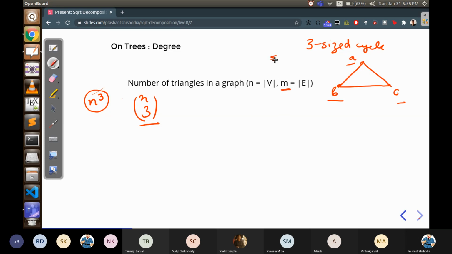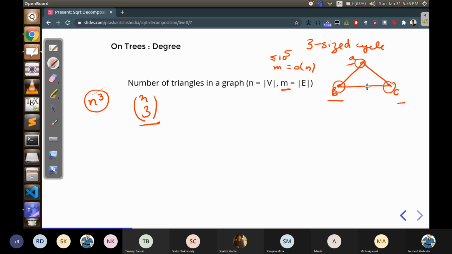So the number of edges is also, say, less than 10 raised to 5. It's also linear in n. So the number of edges is not very high, so you can avoid checking all triples of vertices.